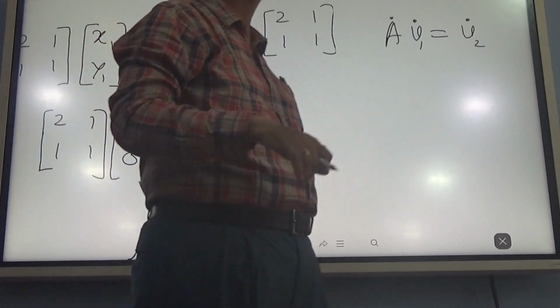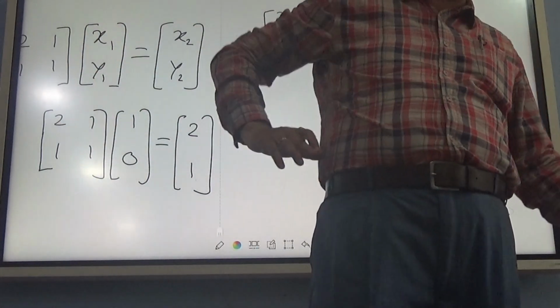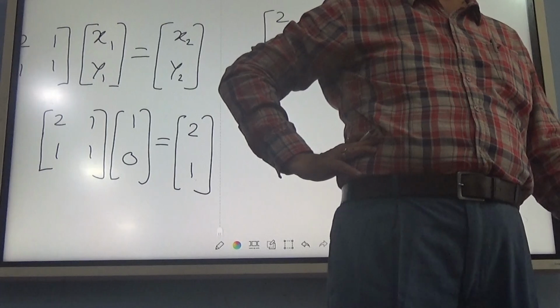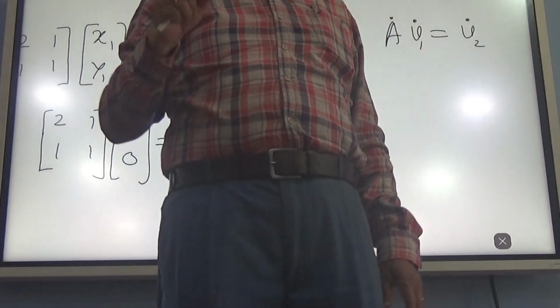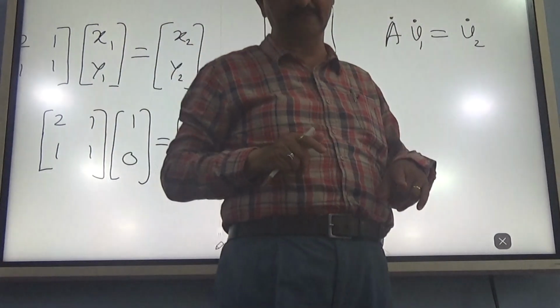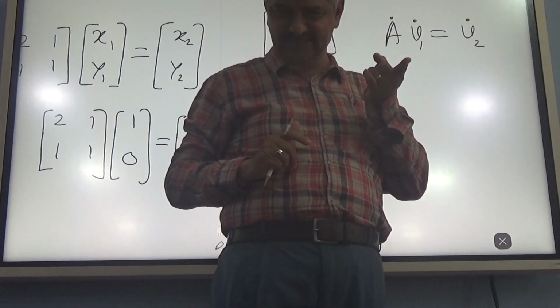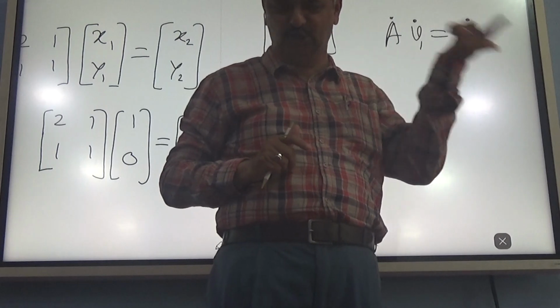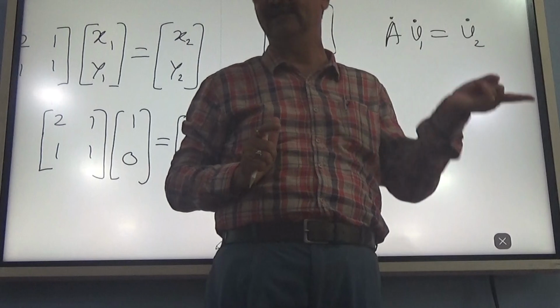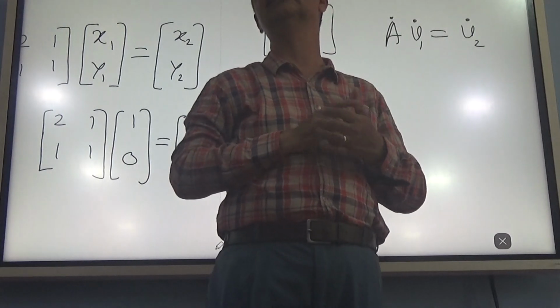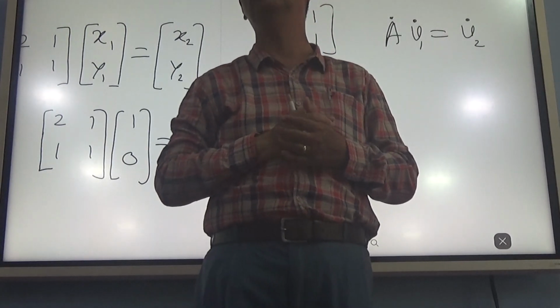What is the condition? I have said that vector V2 should be some vector. A point P which is transformed to point Q must lie on the line joining the origin and P, so V2 must be some constant times V1.